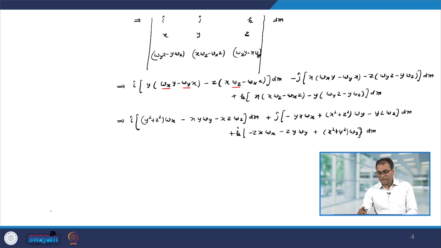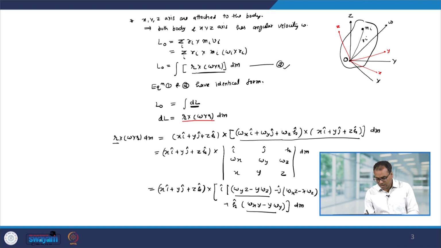Okay. So now we have the value of r cross (ω cross r).